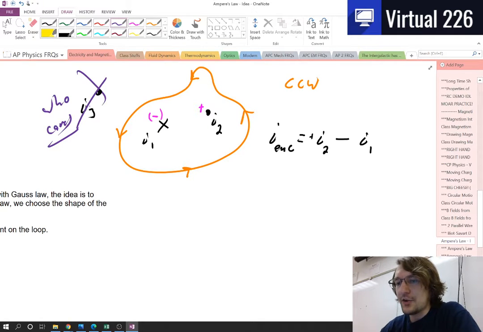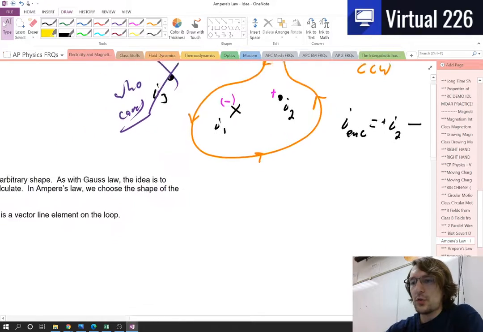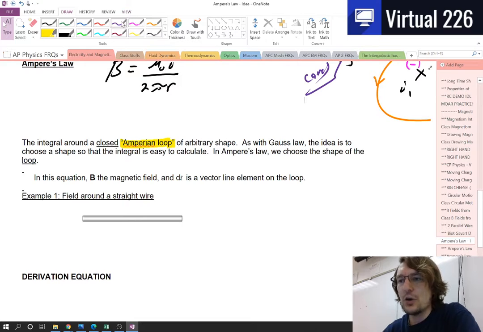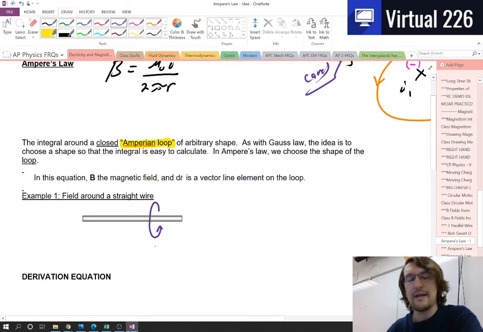Now, for a straight wire, we know the B field is going to be in a circular loop around it, so it will be best for us if our Amperian loop is a circle as well. Then our Amperian loop will sit directly on top of that B field.